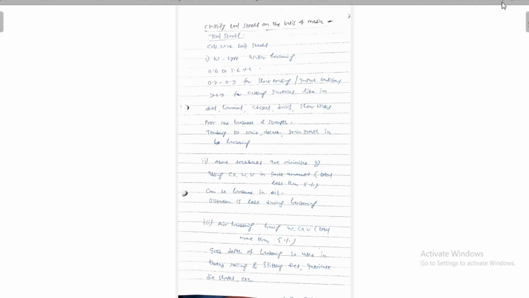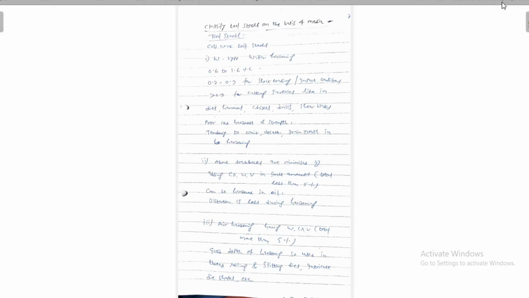Another category we are going to see now is oil hardening tool steel. It is a low alloy steel and the presence of a little amount of chromium, tungsten, vanadium will improve the hardenability. It means less drastic quenching will be required to convert austenite into martensite. So instead of water quenching, oil quenching is permitted for this transformation to harden the tool steel.